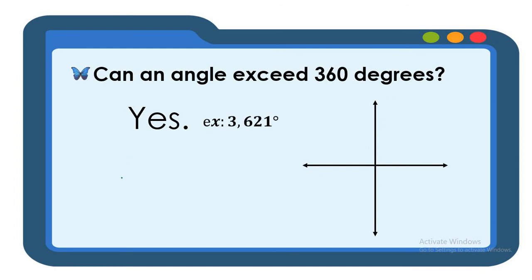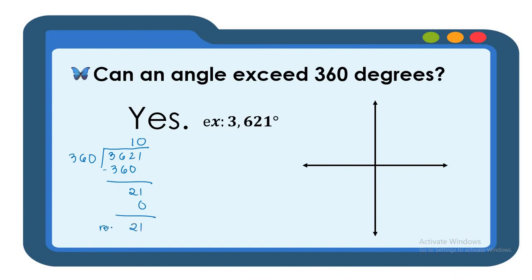So again, just like the strategy we did a while ago, we can simply divide 3621 by 360 degrees because obviously it goes beyond one full rotation. So let's divide 3621 by 360. The result is, this is 10, then 360, subtract, we get 21.